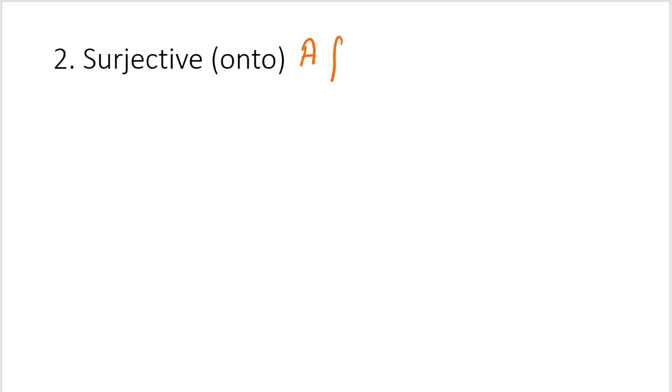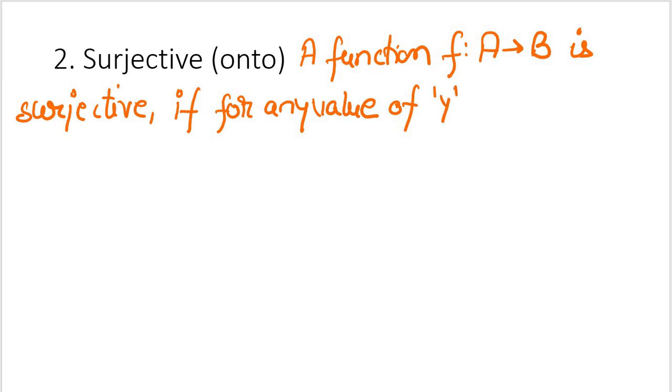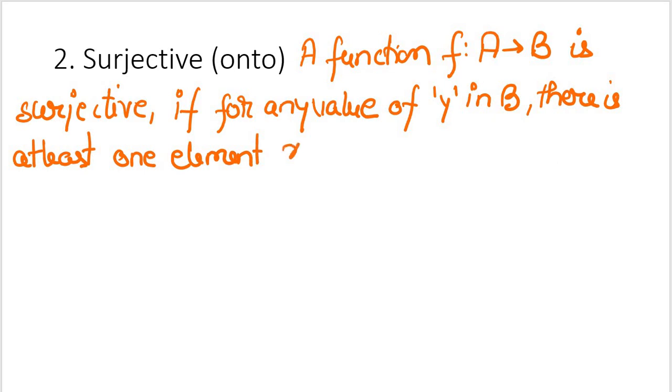So what it says is that a function f from A to B is surjective if for any value of y in B, there is at least one element x in A for which f of x equals y.